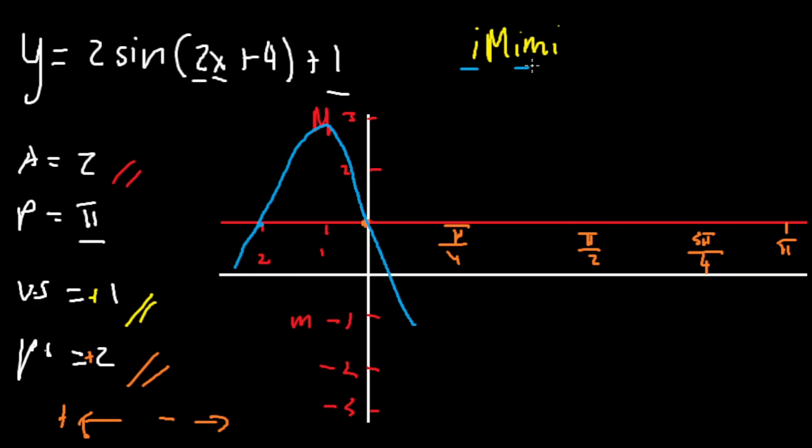Next, nandito pa minimum. So, interval na next. Now, we cross the interval.